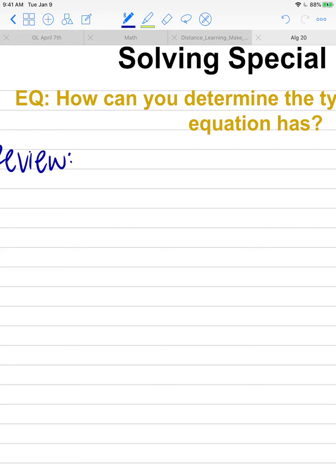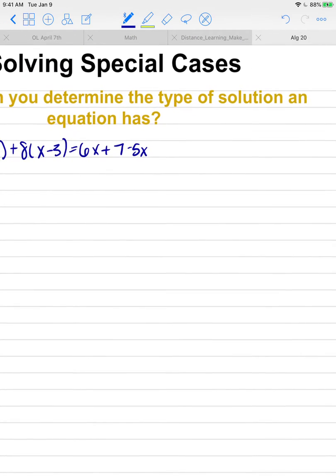If I had the equation -3 times x minus 1 plus 8 times x minus 3 equals 6x plus 7 minus 5x. Now our first step, if we remember, is we need to distribute.